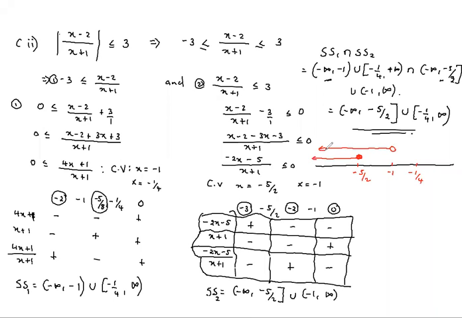The others go this side, and you get the intersection: this piece and also this piece. Which leads you to negative infinity to negative 5 over 2 included, union negative 1 over 4 included to infinity. Like that. So everything is okay.